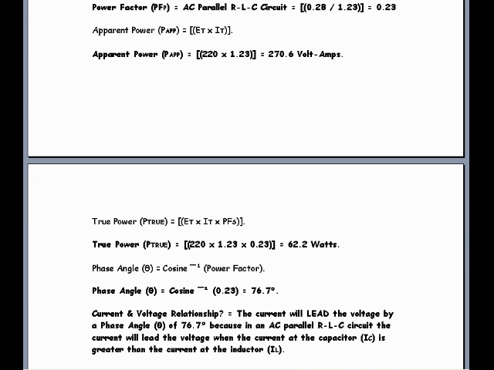Now to calculate the true power AC, we would simply take the apparent power and multiply it times the power factor for the given circuit. That should actually be a little p for parallel.